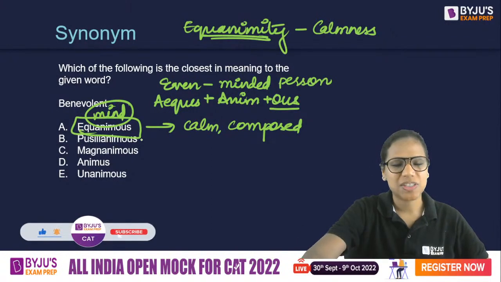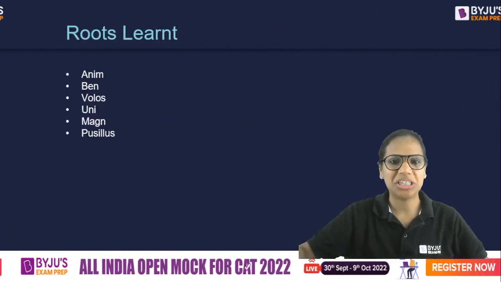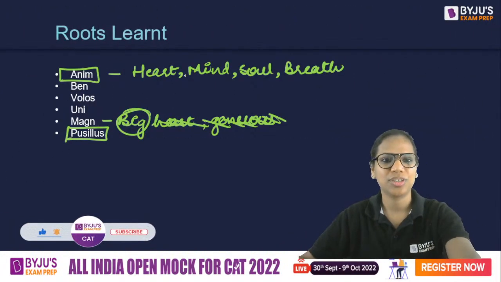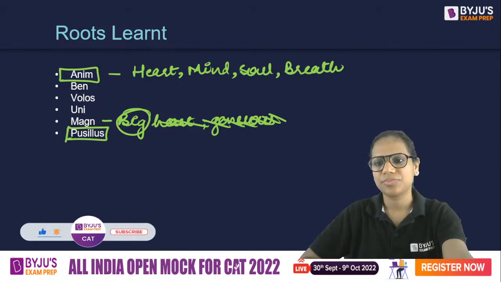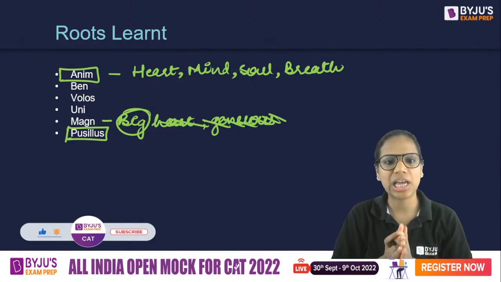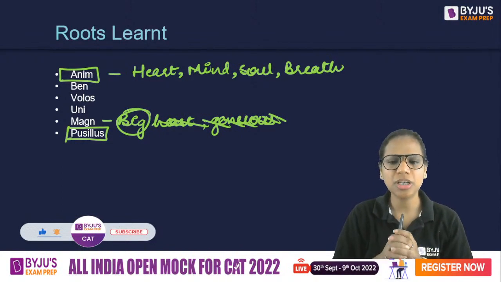Pusillanimous. What does this mean? It comes from pusillus plus anim. Pusillanimous. If I call someone pusillanimous, if I say this person is a pusillanimous person, is that a compliment or is that an insult?